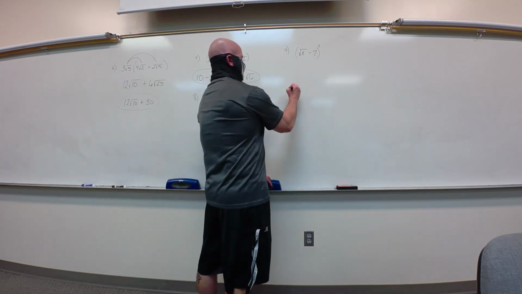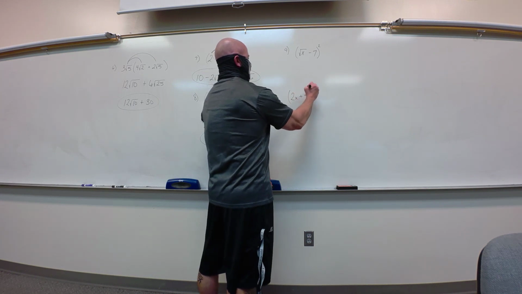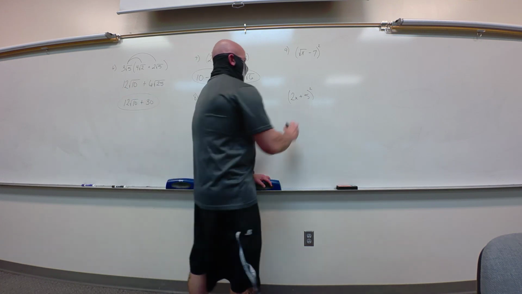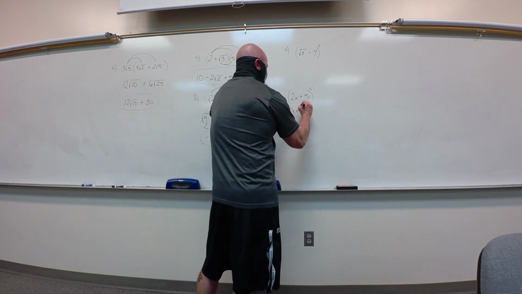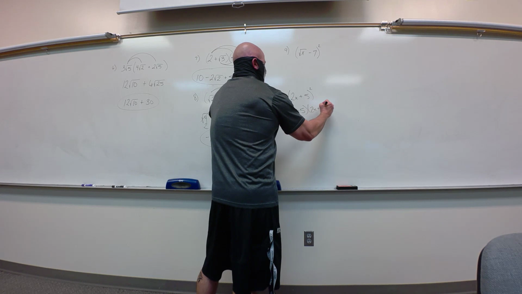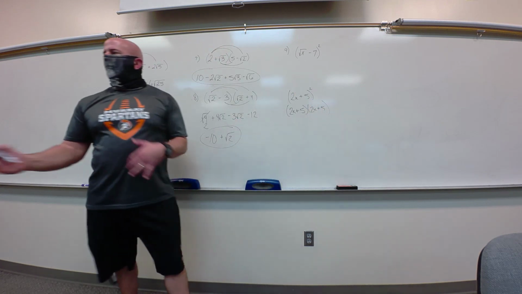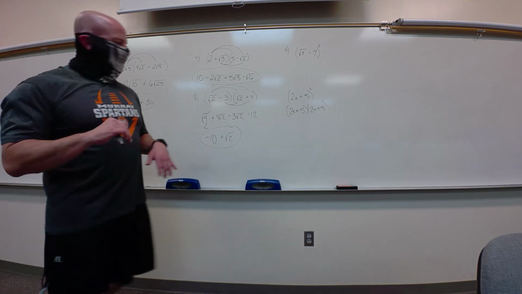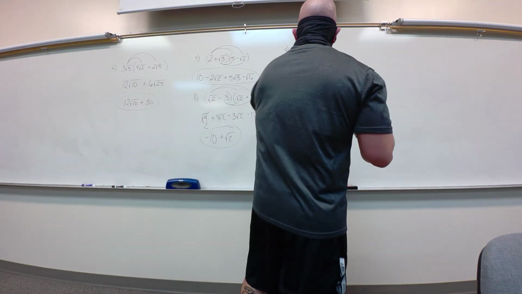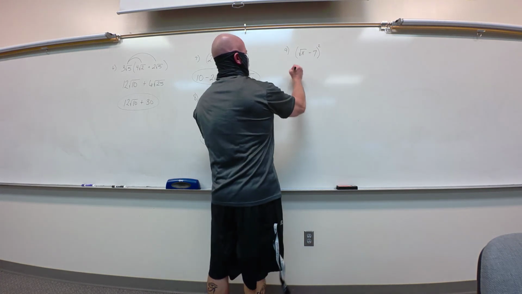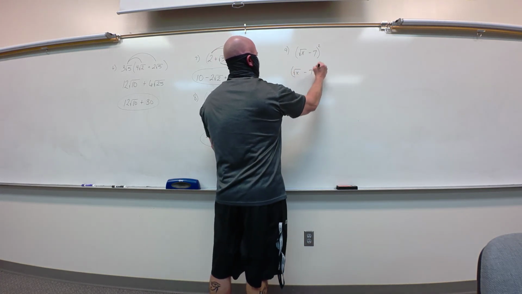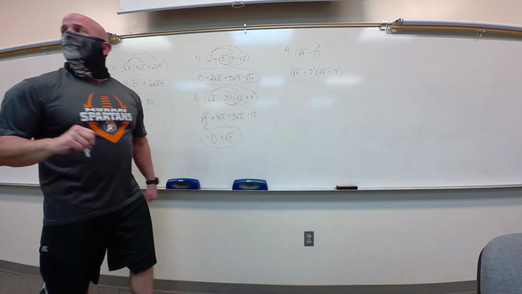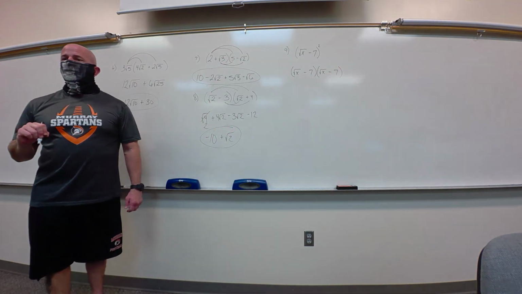If we saw something like 2x plus 5 squared in the past, the first thing we did was write it twice, 2x plus 5, 2x plus 5, and then we started multiplying, but it went right back to what we'd seen before. So when I see this square on the outside, even though it's got a radical, there's 2 of them. I'm going to write it twice. And then I'm ready to go just like the last 2 problems.